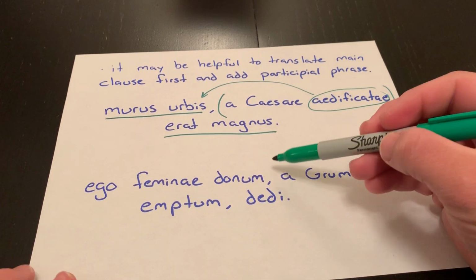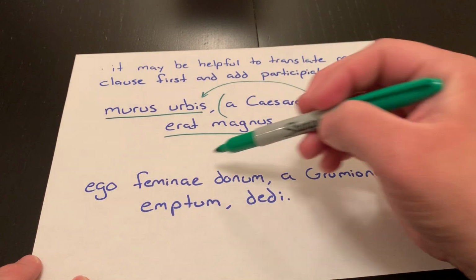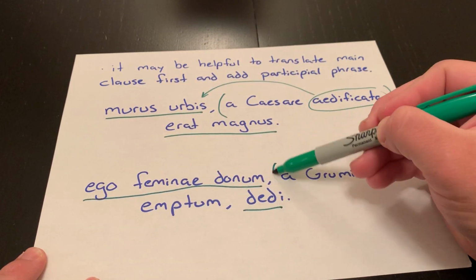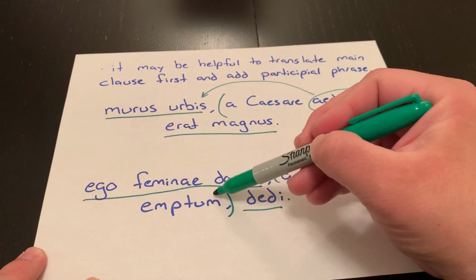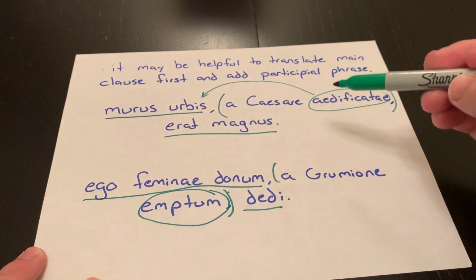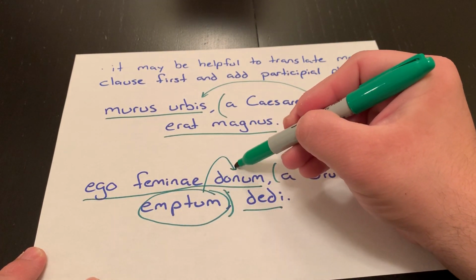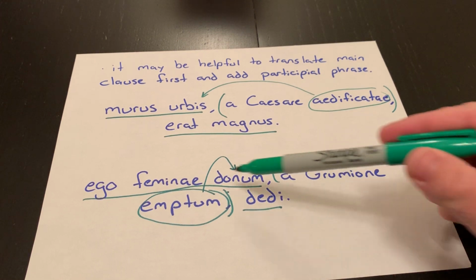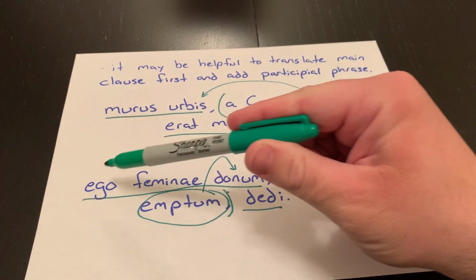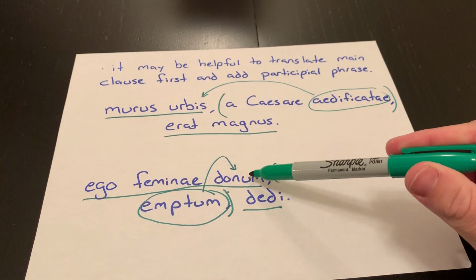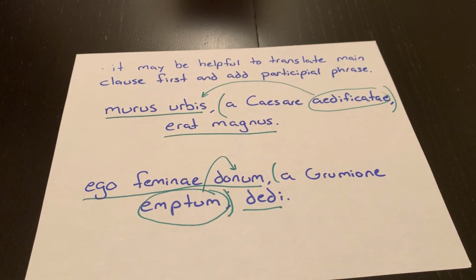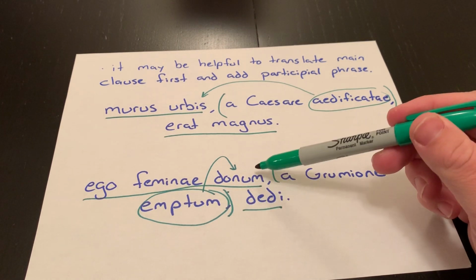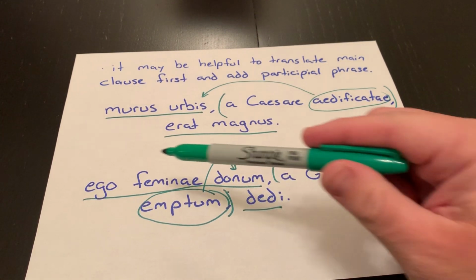And here's an example where we're going to be modifying an accusative, okay? So here's our main clause, and here's our participial phrase. The participle emptum is modifying donum, okay, the accusative word. But when you're translating, it might be helpful to just look at the main clause. I gave a gift to the woman, okay? And then take this participial phrase and stick it after the word gift in the translation.